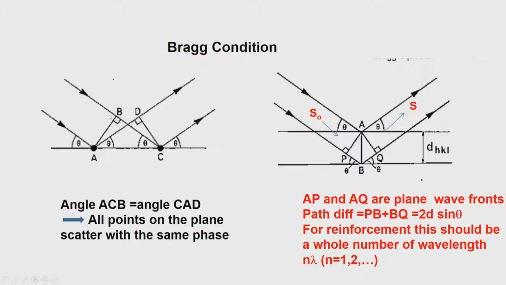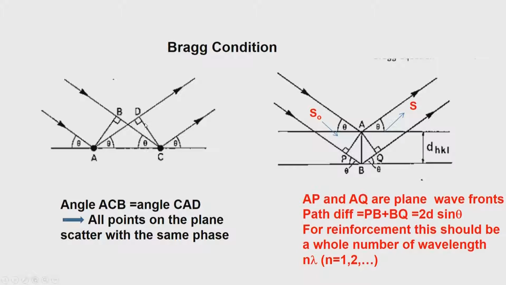And this distance AB will represent the wave front associated with the incoming, that is the incident radiation, and CD will represent the wave front which is going out after the scattering. So, that would mean that this angle is 90 degrees and that angle is 90 degrees.